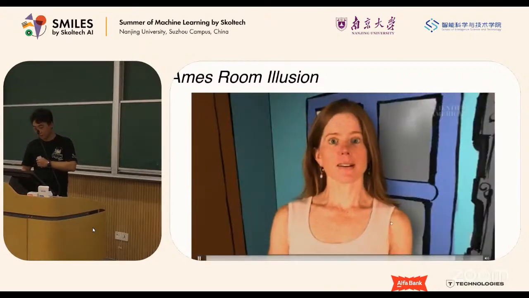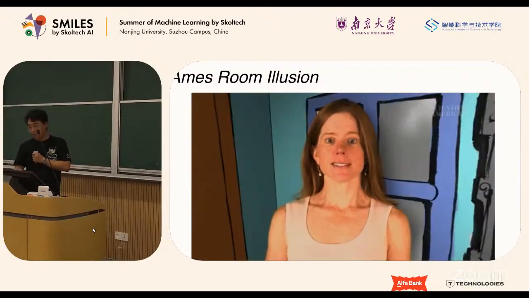So the Ames room illusion demonstrates how strongly perception depends on assumptions about geometry. Because every day we perceive rooms as regular, but in this case the room is not regular. So we can wrongly perceive that the human's size is different from different viewpoints.